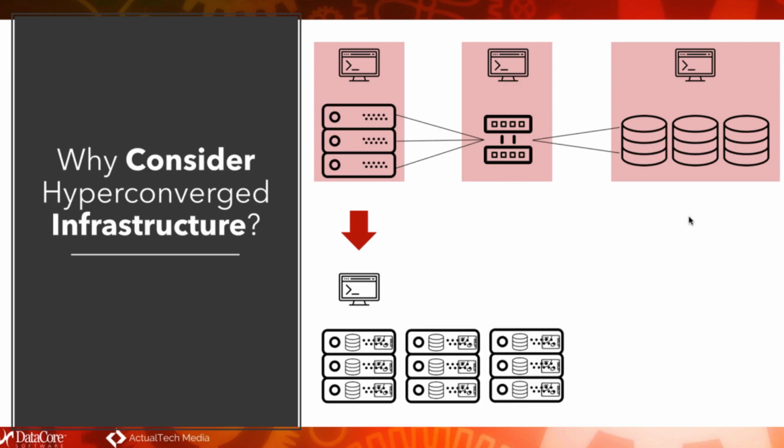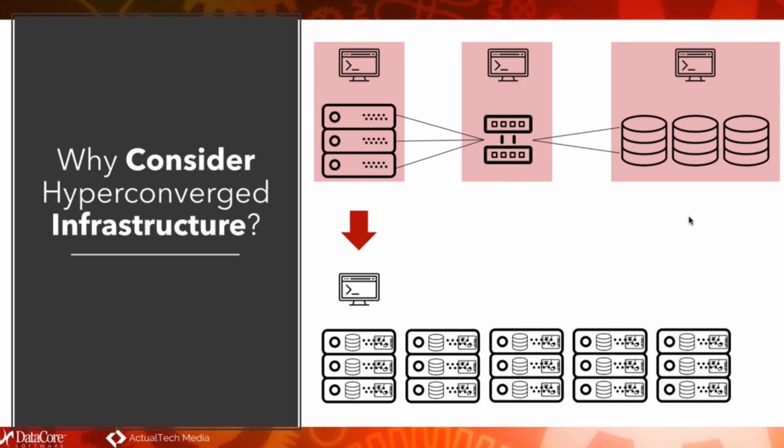As we need more, we simply add more nodes, and we still keep the same console access to manage it all that we had when we had just 3 nodes or 2 nodes or whatever the case may be. So we're looking for ways we can simplify the environment. This is one of the key reasons we've seen organizations moving to hyperconvergence, and it really revolves around operational efficiency, which also ultimately translates to cost. We'll talk more about that shortly.